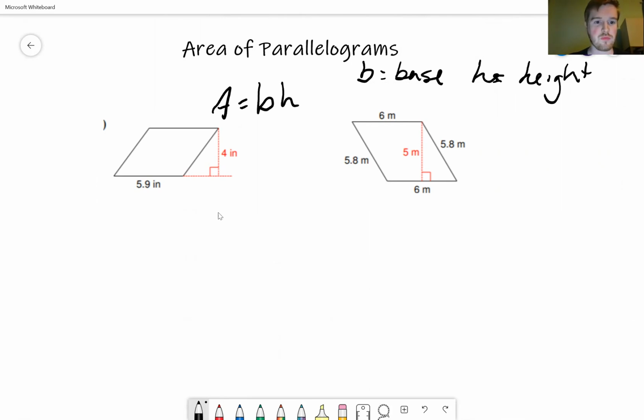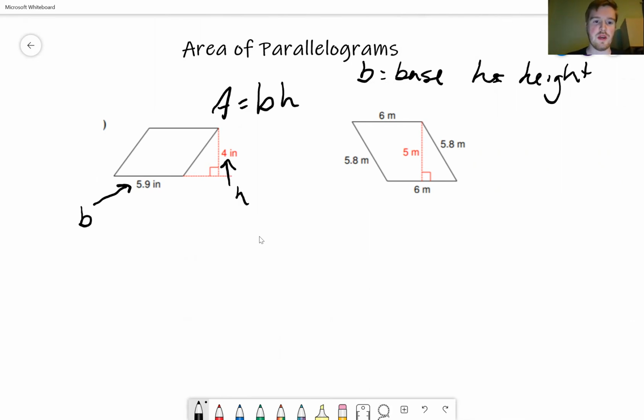All right, so this very first, very basic one here. With this parallelogram, we've got 5.9, and that is my B, my base, and 4 is my H, my height.